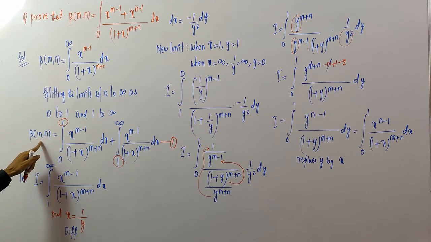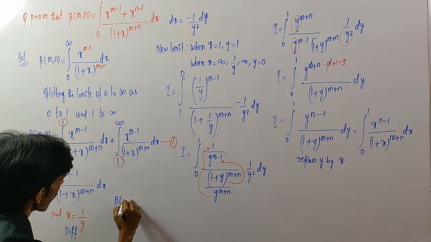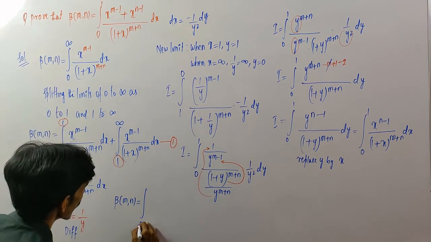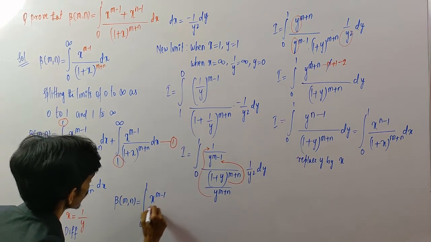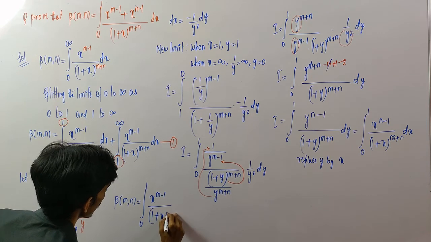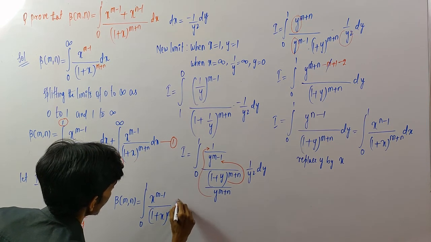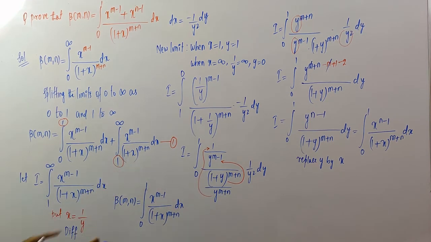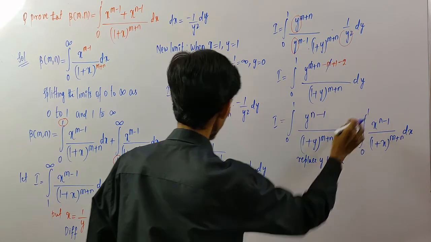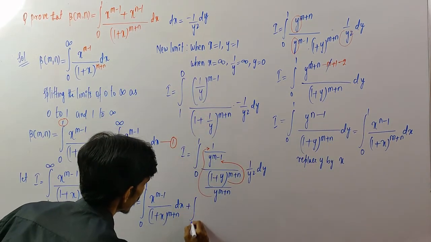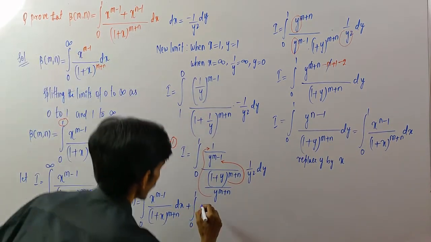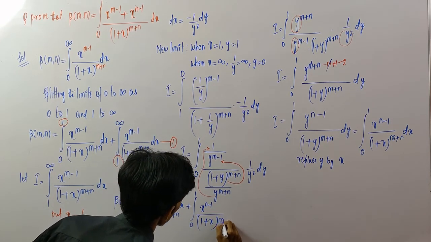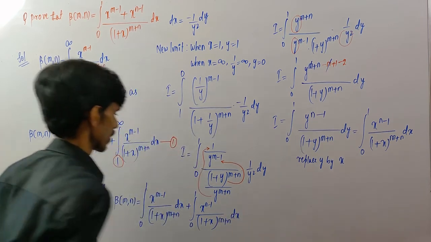Now here we have beta m comma n equal to integration 0 to 1 of x power of m minus 1 divided by 1 plus x power of m plus n dx, plus this integral, 0 to 1 of x power of n minus 1 divided by 1 plus x whole power of m plus n dx.